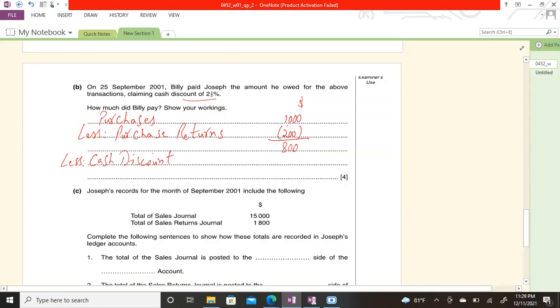The seller is offering a cash discount of 2.5% if the credit customer is paying before the due date, before the time. So that is $20, which means that $780 is the amount paid by Billy.